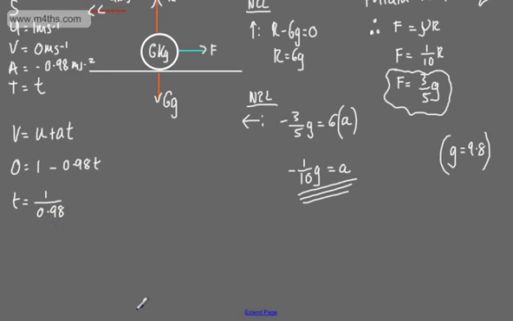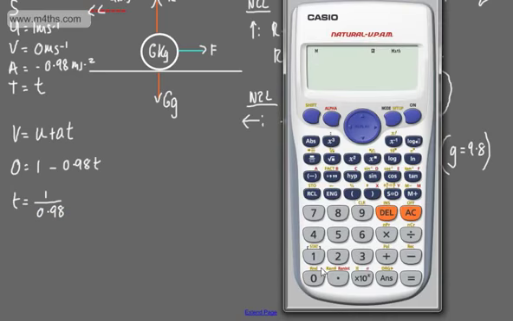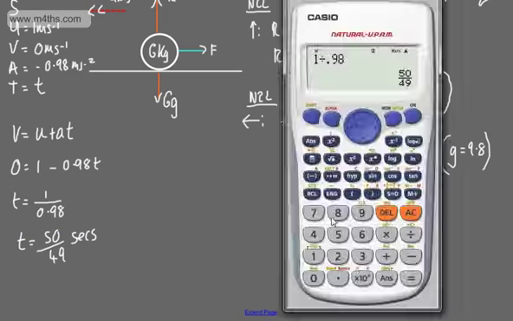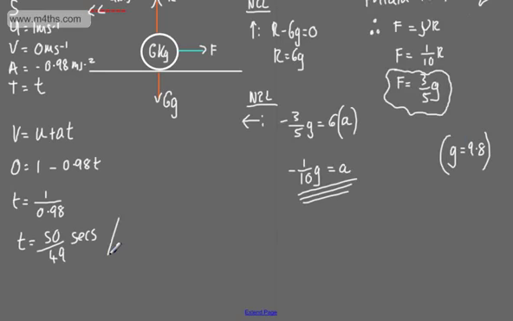If we put that through a calculator, 1 divided by 0.98 gives us 50 over 49. So t is equal to 50 over 49 seconds, or as a decimal answer, 1.02 seconds, which is to 3 significant figures.